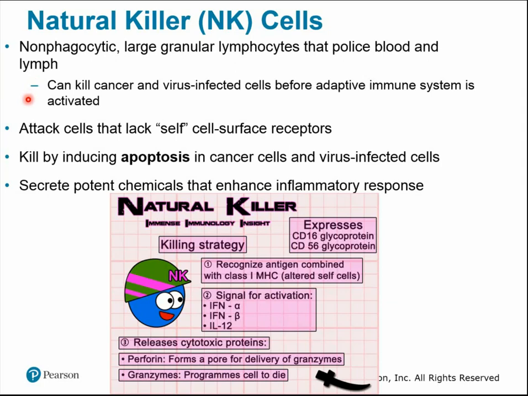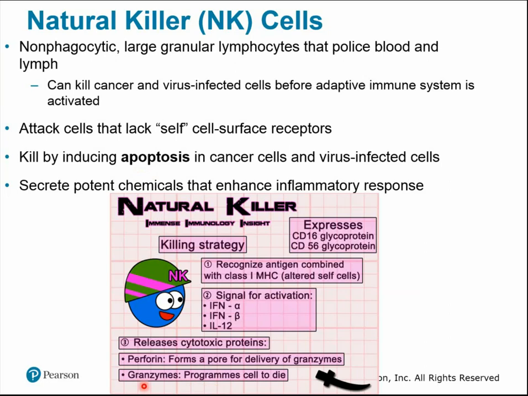Any cell that lacks that self marker is going to be marked as foreign and potentially pathogenic. So natural killer cells induce cell death by apoptosis in cancer cells and virus-infected cells. Apoptosis is essentially programmed cell death.